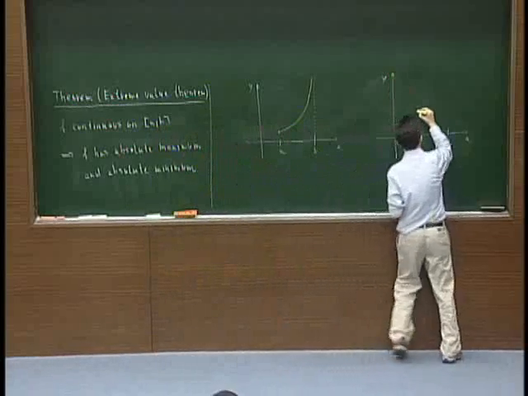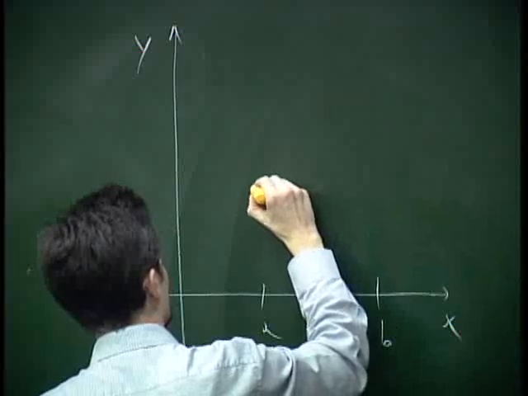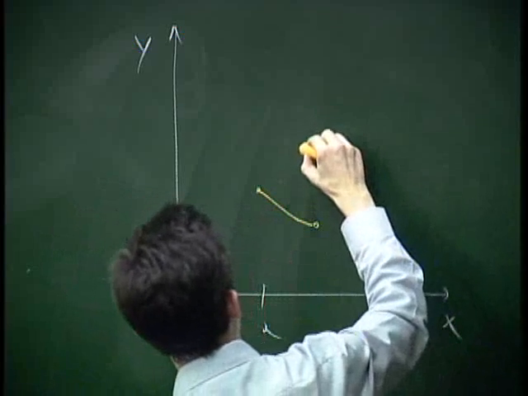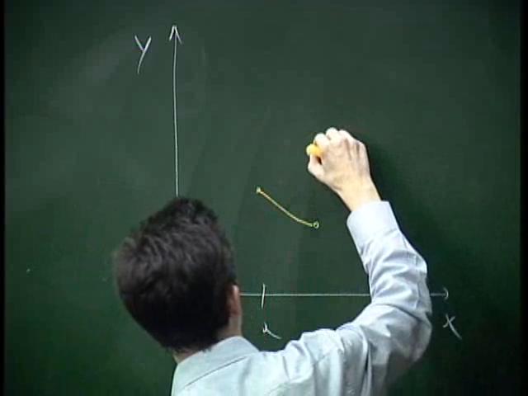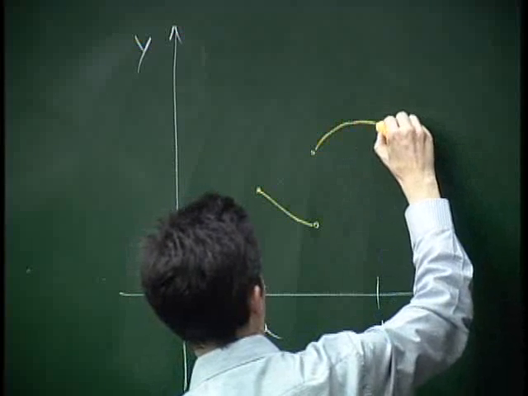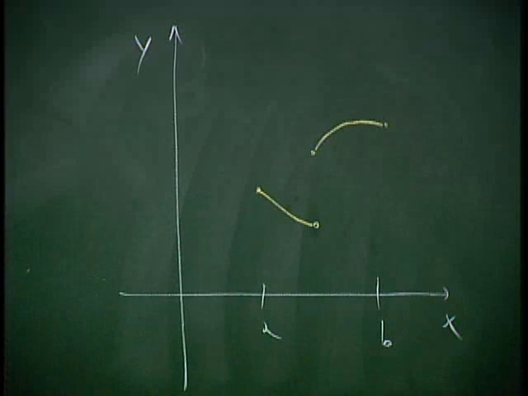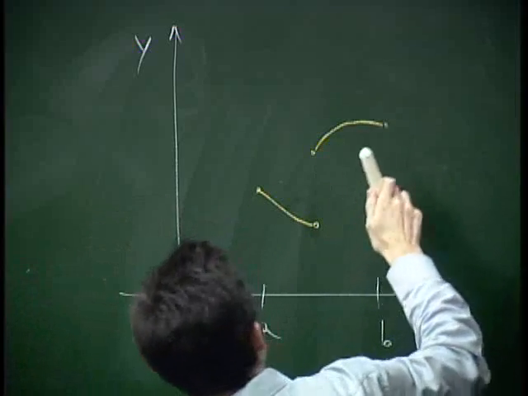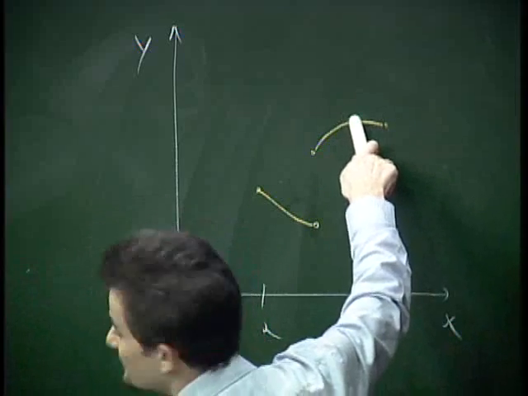For instance, if the function goes something like this, and then at some point c the function jumps, so it's not continuous. You see that this function does not have an absolute minimum, but it has an absolute maximum, namely here.